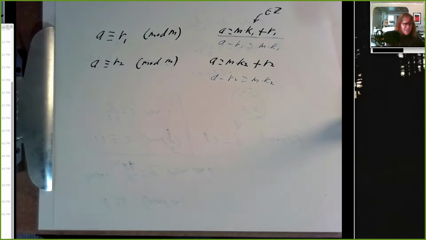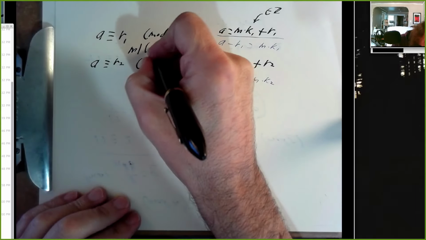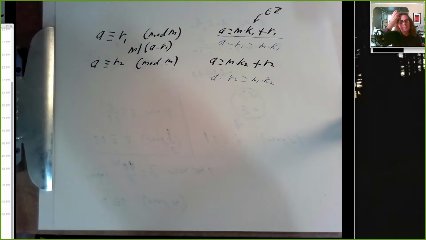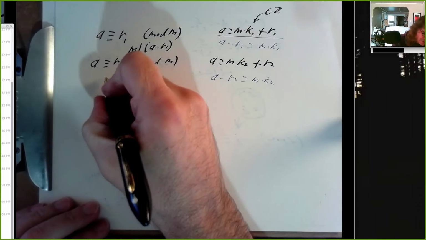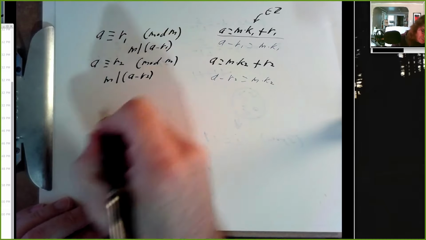So saying A is congruent to r1 modulo m is analogous to saying m divides A minus r1, and saying A is congruent to r2 is the same as saying m divides A minus r2.